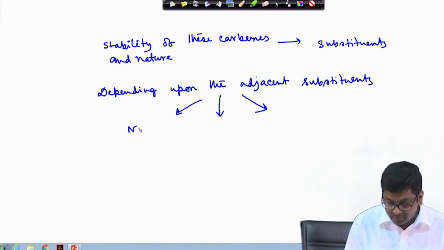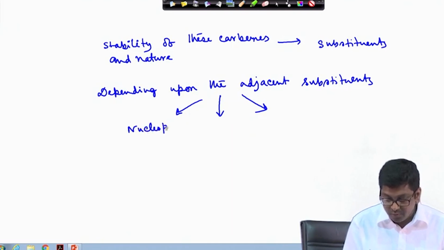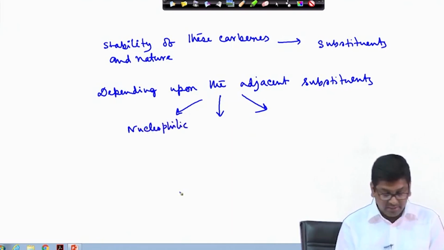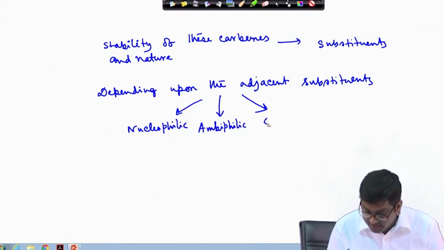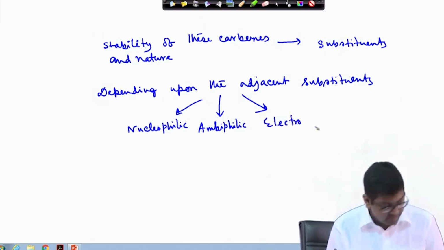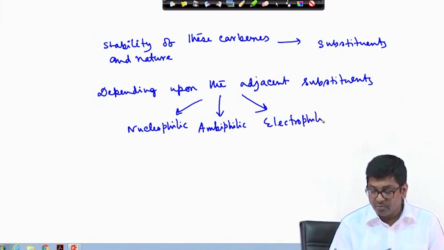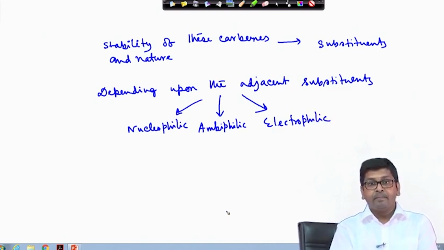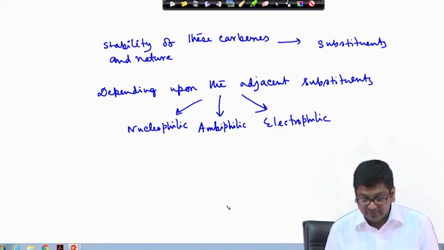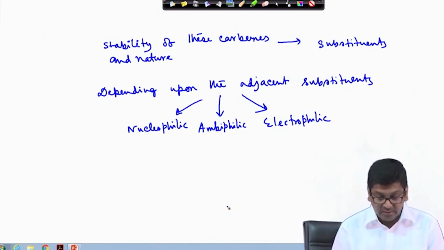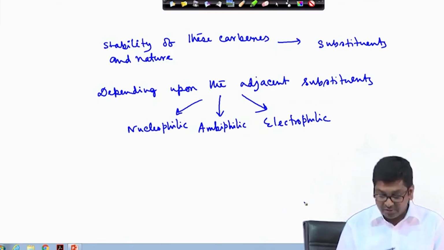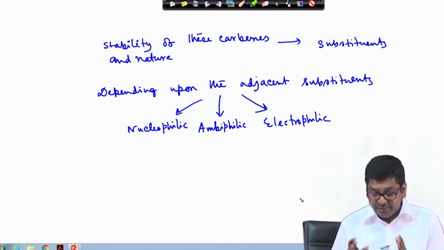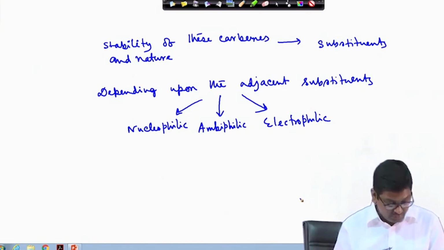One is called nucleophilic, another one is ambiphilic, okay, and another one is electrophilic. Okay. So, there are three different types of carbenes: nucleophilic, ambiphilic and electrophilic. Obviously, it depends on their adjacent substituents, fine.